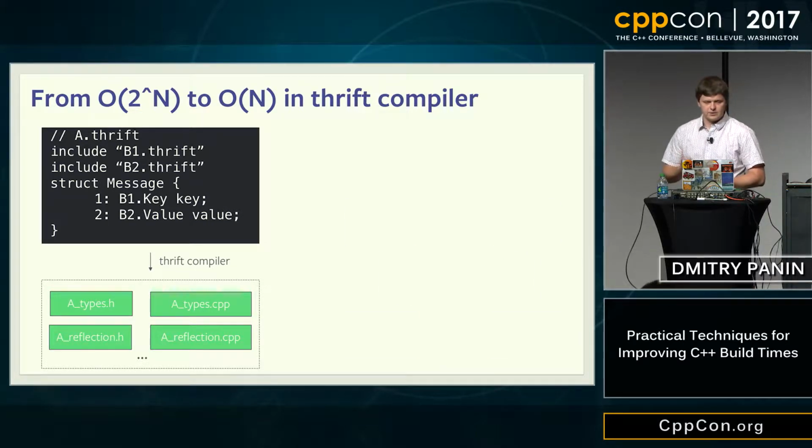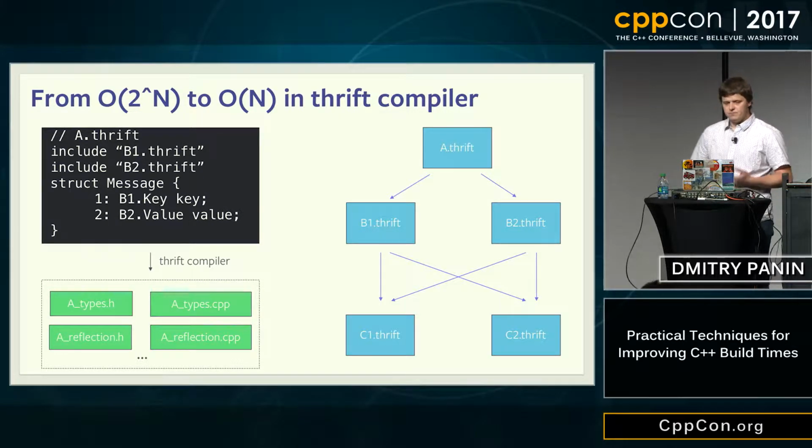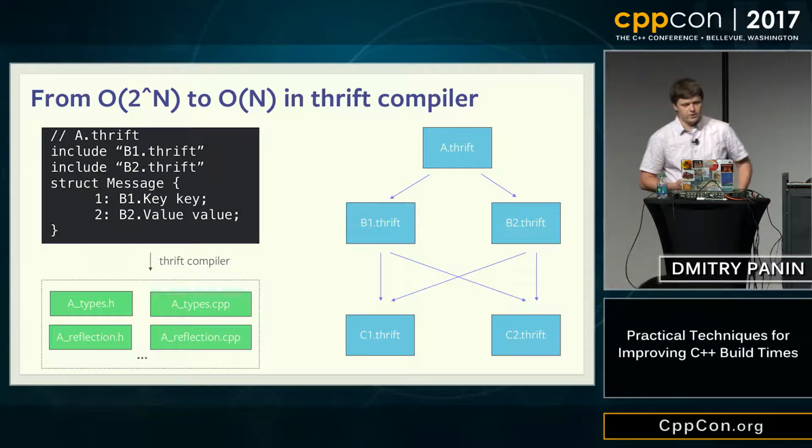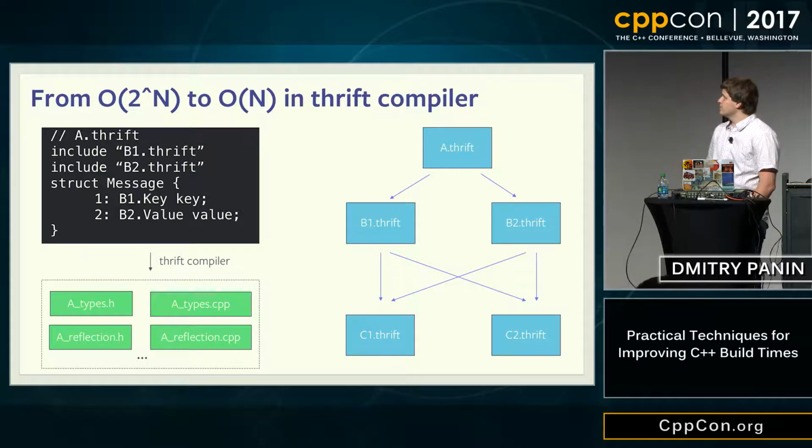So let's look at an example. We have file A that includes files B1 and B2, and we have files C1 and C2 that files B1 and B2 depend on. When we need to parse file A, we need to know all the types from the dependent files.